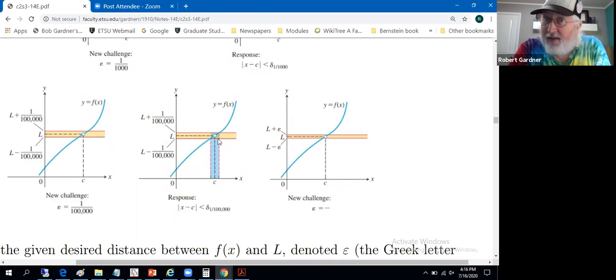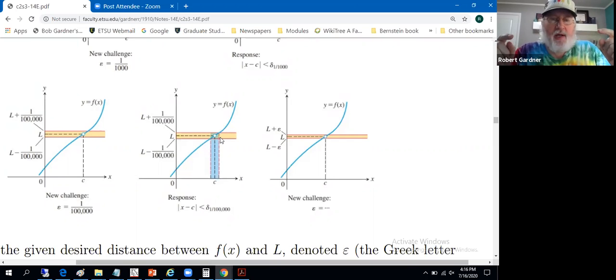This is what makes Dr. Bob's anthropomorphic definition of limit work. The function is trying to pass through that point C, comma, L. And when you make this desired distance along the y-axis smaller, the distance along the x-axis is going to have to be made smaller to follow the rules: I want the input values from the blue strip to produce output values in the yellow strip, such that the function lies within the yellow horizontal strip.